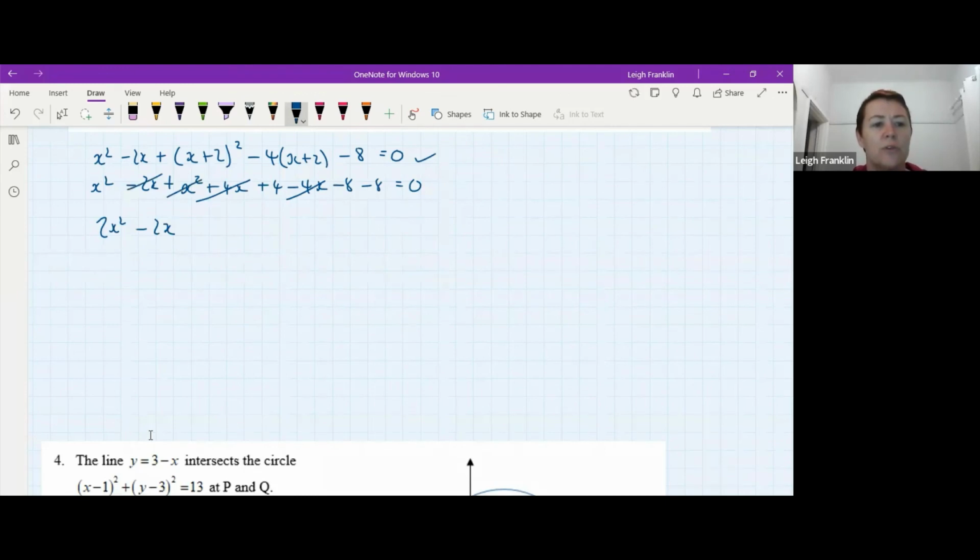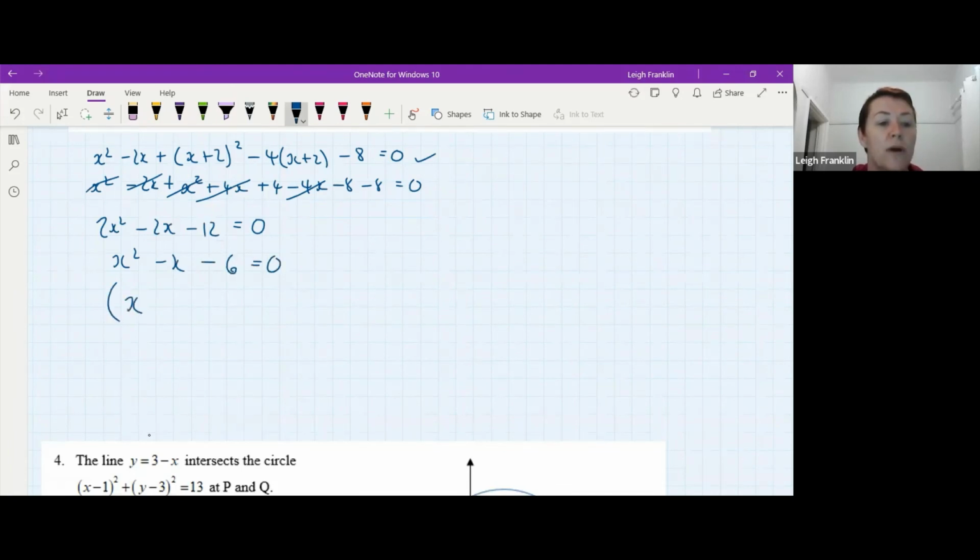Now x terms are done, our x squared terms are done. Minus 8 is minus 16. And if I add 4, then I'm going to end at negative 12, not positive 12. Negative 12. I divided through by 2. I got x squared minus x minus 6 is 0.